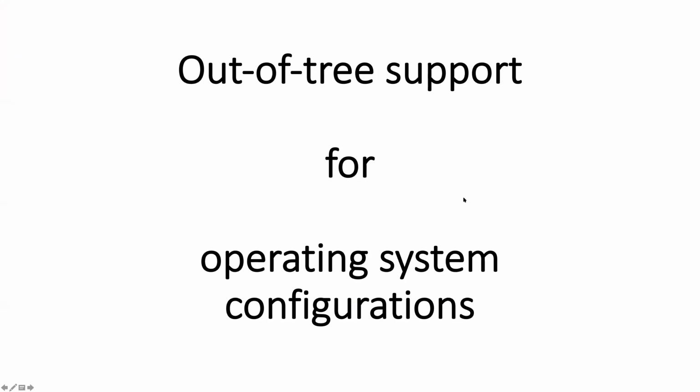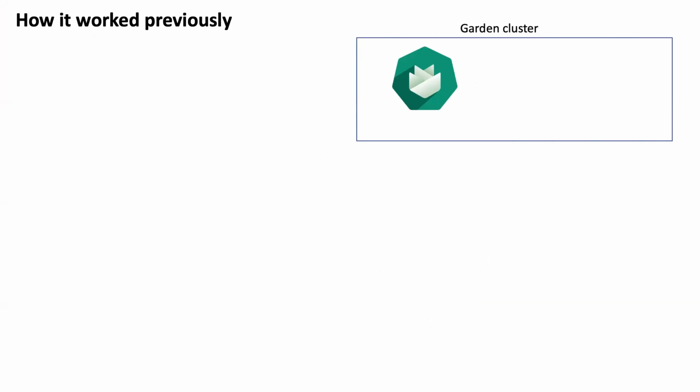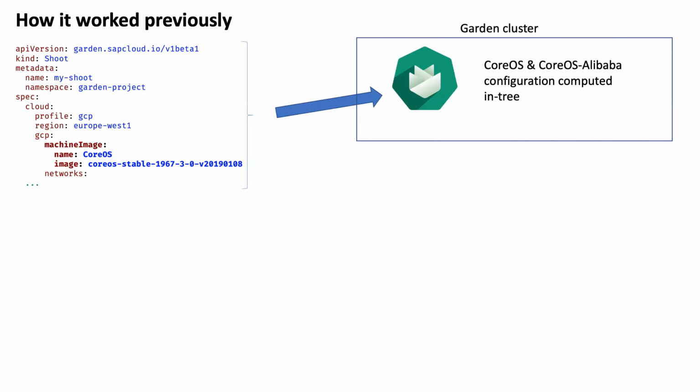Yes. So now that we have these extension controllers, Gardener must somehow make use of them. So instead of creating the CoreOS config himself, it writes the CRD, and that's visualized now here. How it worked previously: that's the Gardener, and everything was in tree.